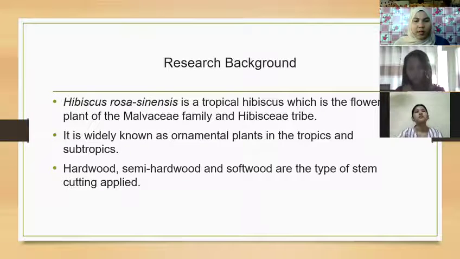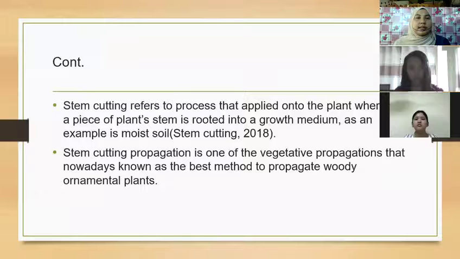subtropics and tropics. In this research, we will apply hardwood, semi-hardwood, and softwood cuttings, using the stem of the Hibiscus rosa-sinensis L. Stem cutting, as we know, is the process of rooting a piece of plant with at least one node on a growth medium such as moist soil.